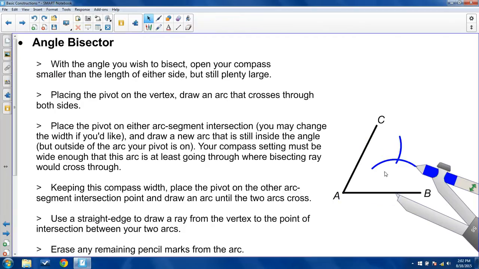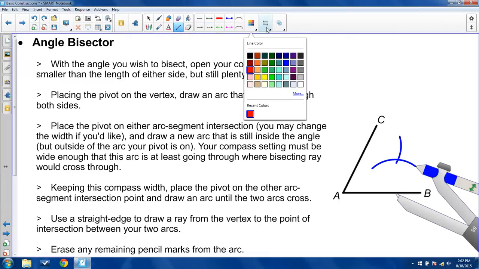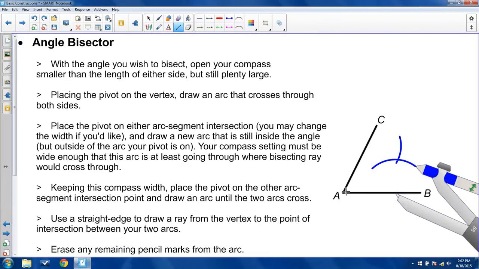Now what I need to do is use a straight edge to draw a ray from the vertex to the point of intersection between my two arcs. Starting from the vertex, I'm going to draw a ray that goes outward, and it crosses through those two arcs right there.